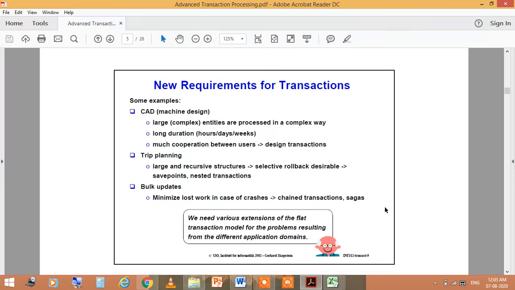Now the next is the new requirements for transactions. Here you see some new requirements for transactions, like CAD in machine design, trip planning, bulk updates. So we need various extensions of the flat transaction model for the problems resulting from the different application domains.